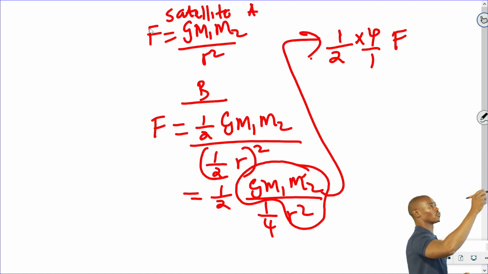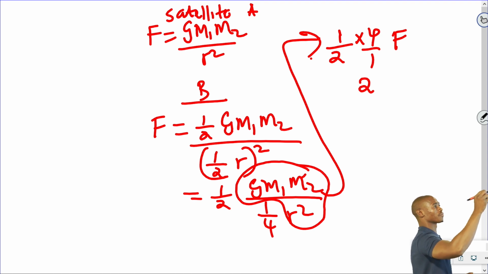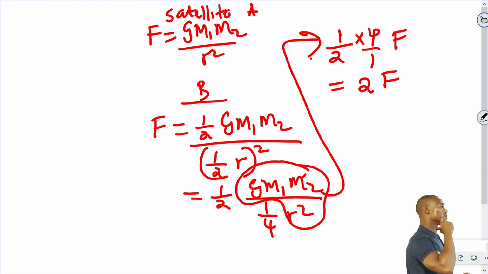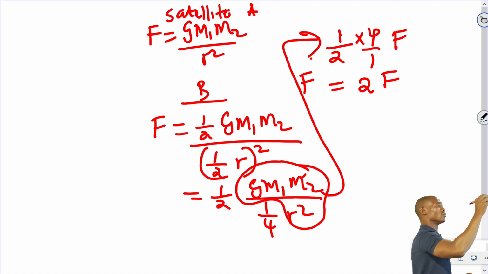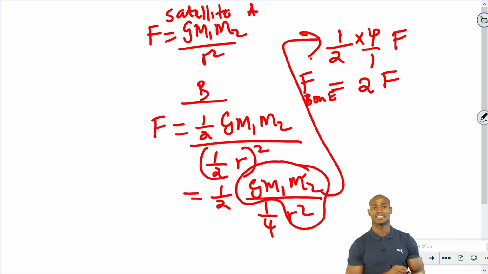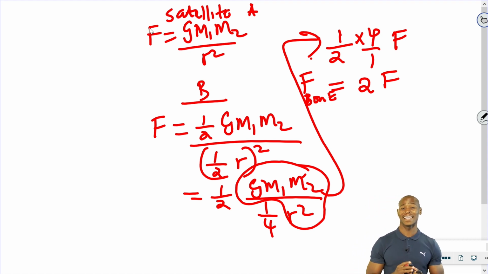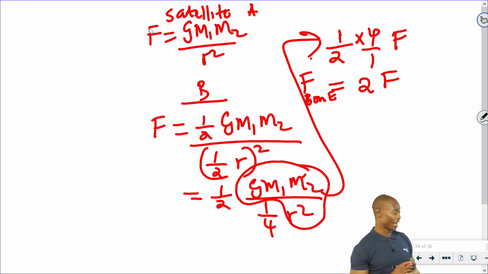So it's 4 over 2, which is 2. It is twice F. So the force exerted by satellite B on Earth is twice the force exerted by satellite A on Earth.